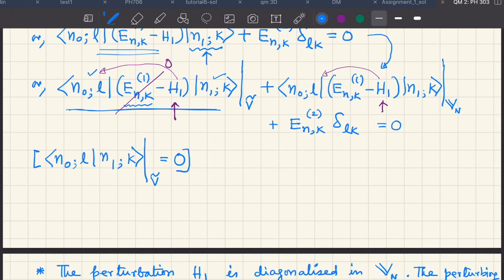You might think simply that when we are having N naught L bra and we are in the degenerate subspace, H1 can give us the eigenvalue, but it is not so. The perturbation H1 is diagonalized only in the subspace Vn. The perturbation H1 is not diagonal in the whole space.